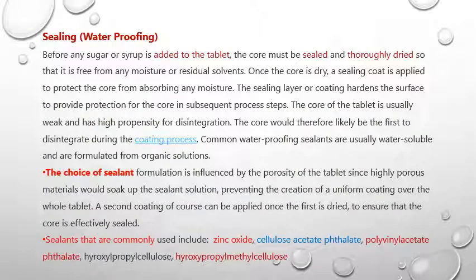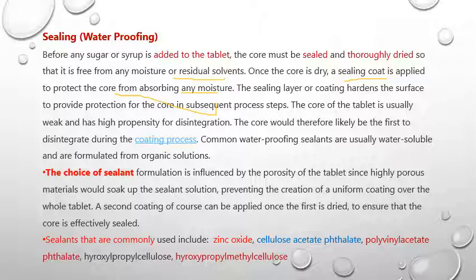Sealing, waterproofing. Before any sugar or syrup is added to a tablet, the core must be sealed and thoroughly dried so that it is free from any moisture or residual solvent. Once the core is dried, the sealing coat is applied to protect the core from absorbing any moisture.